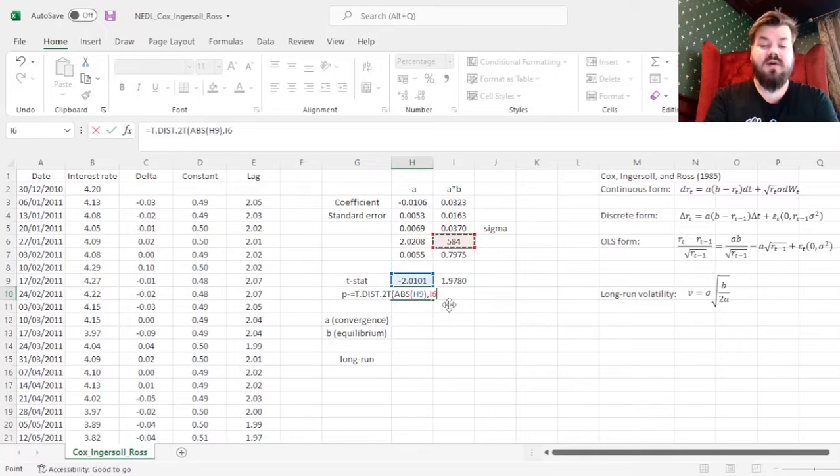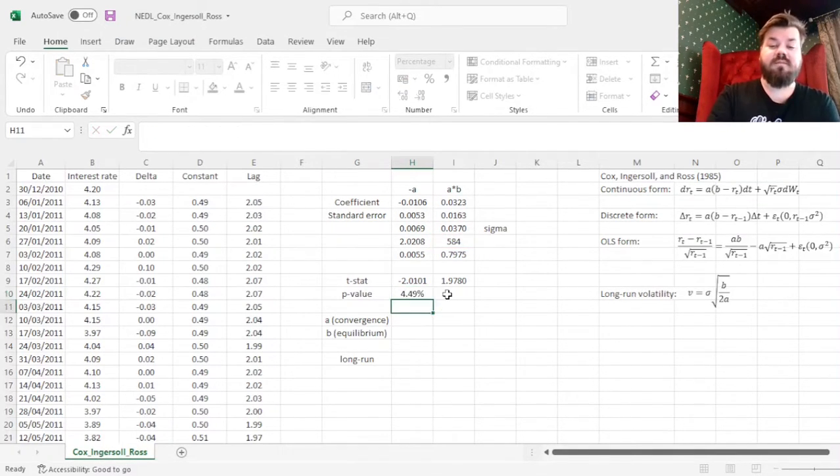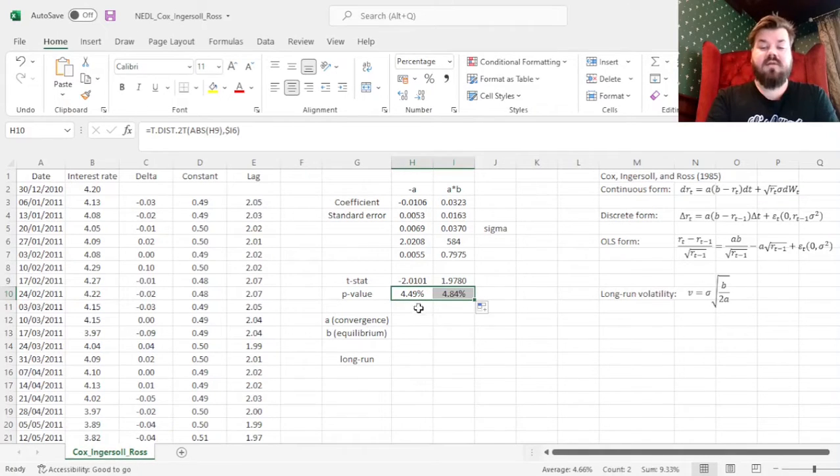So here we need to lock the column. We can enforce it for both of the coefficients and verify that both are indeed statistically significant at 5%, showing that the Cox-Ingersoll-Ross model is valid for this particular interest rate dataset.